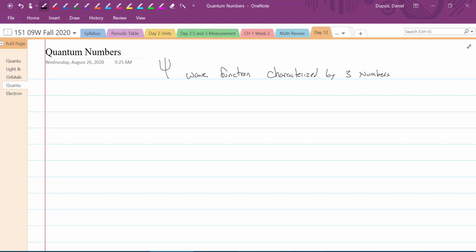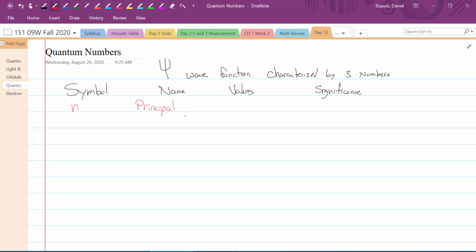So, symbol, name, values, significance. The first one is N, and that's the principal energy level.